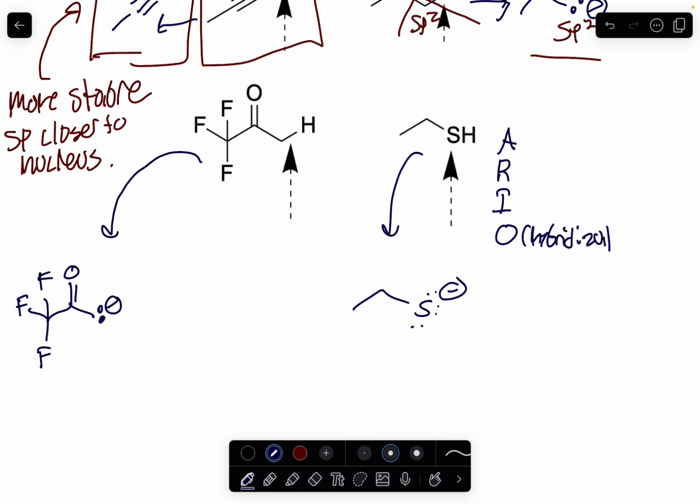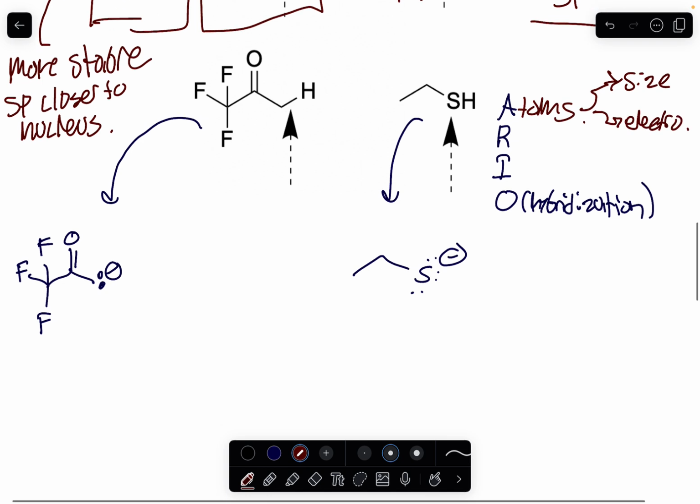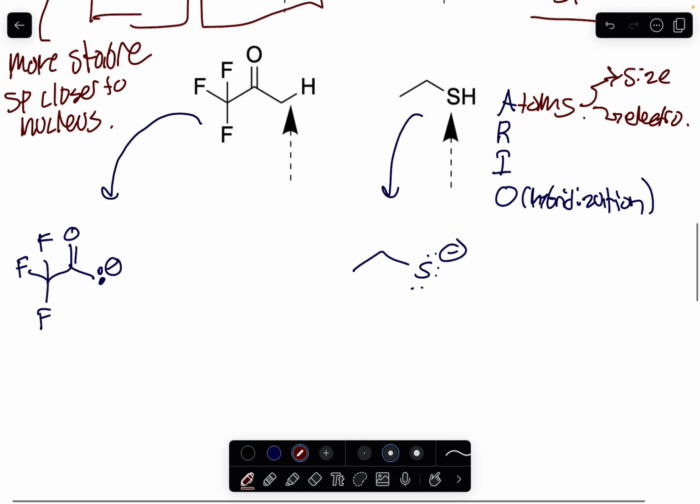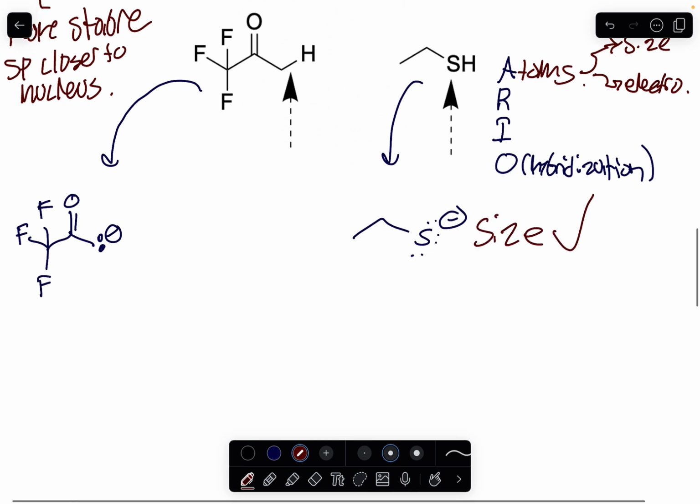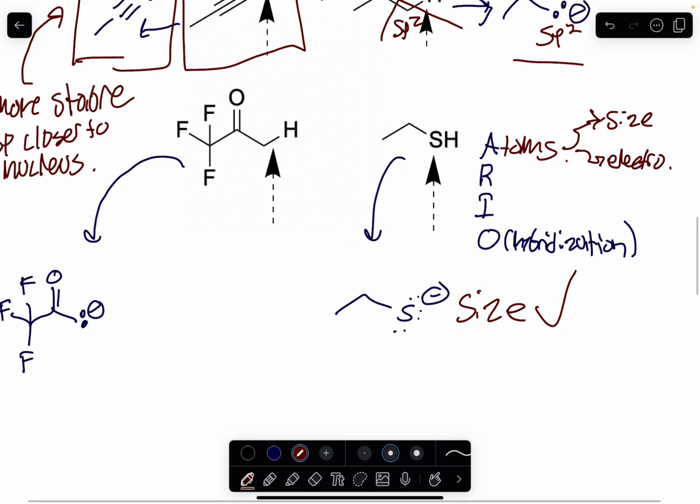H stands for hybridization, if you remember correctly. So we can go through this list. Is the atom mattering in terms of both size and electronegativity? Carbon and sulfur actually have pretty similar electronegativities. However, sulfur has a much larger size, so we'll put this as a winner towards that side. We need to ask ourselves, is resonance possible?